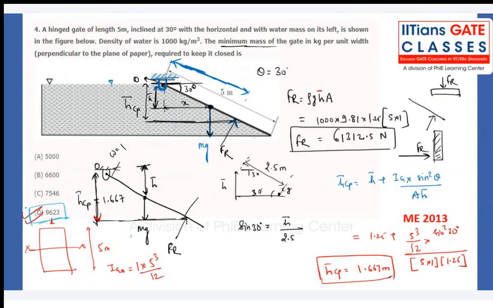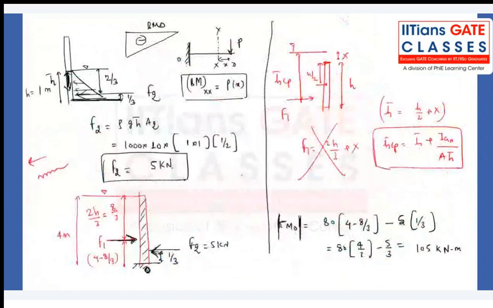Yeah, your doubt is clear. But let me prove why rho g h bar is coming, not h bar cp, right? Yes, sir. So for that, let me take some derivations. Just wait.